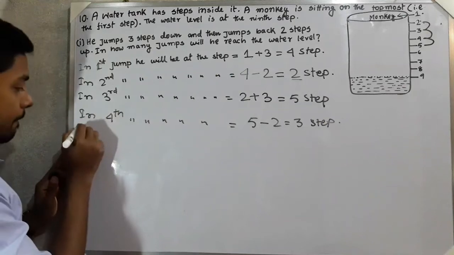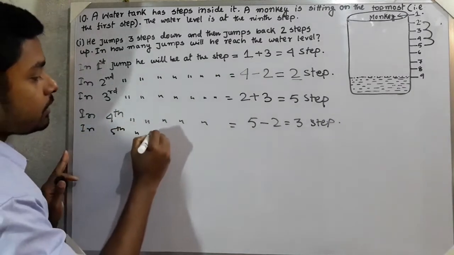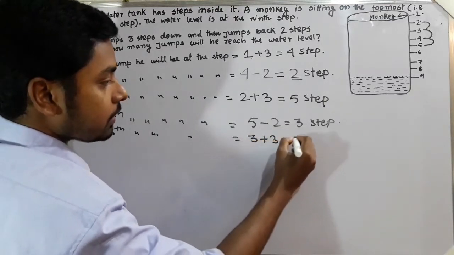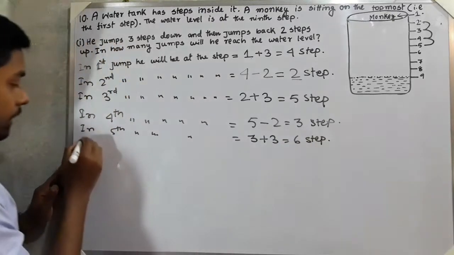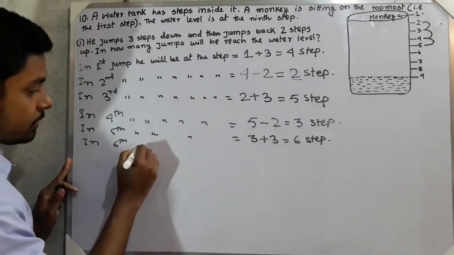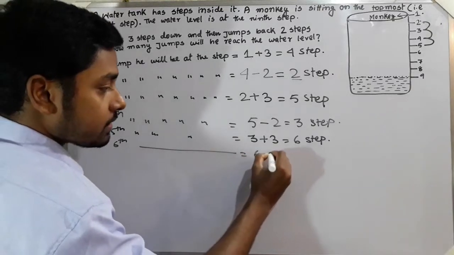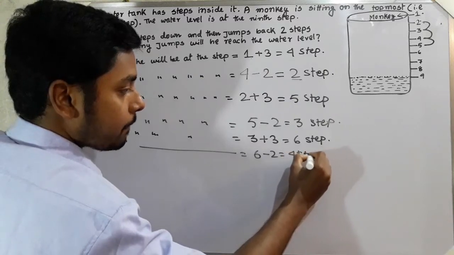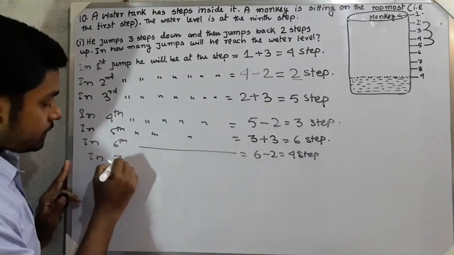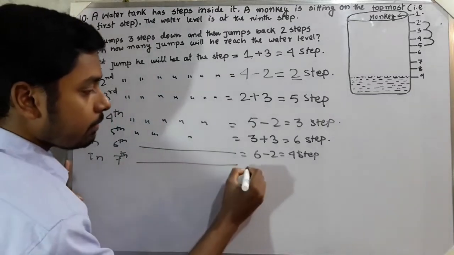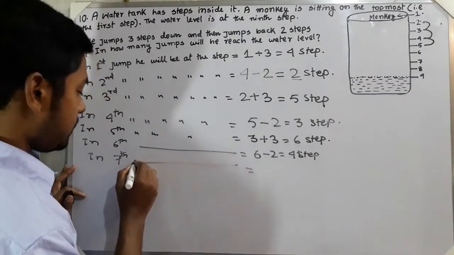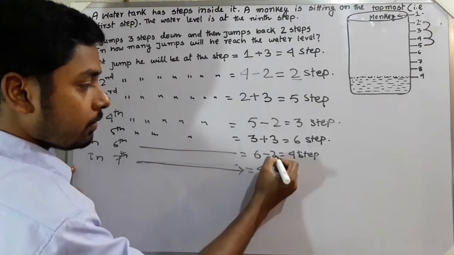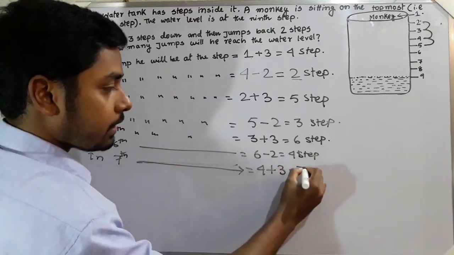And in the 5th jump, he jumps 3, then 3 plus 3, 6th step. In the 6th jump he will be at 6 minus 2, that means the 4th step. In the 7th jump he will be at, minus 2, then again 3 steps, that means the 7th step.